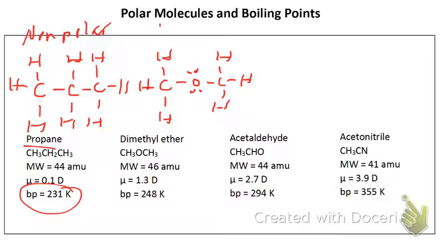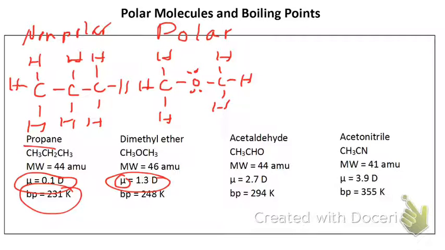So this is actually going to be polar. By the way, this number down there indicates the strength of the dipole, or how big the dipole is. For propane, you can see that the dipole is only 0.1, whereas for dimethyl ether the dipole is 1.3. So it's much greater because we're going from a nonpolar to a polar molecule.